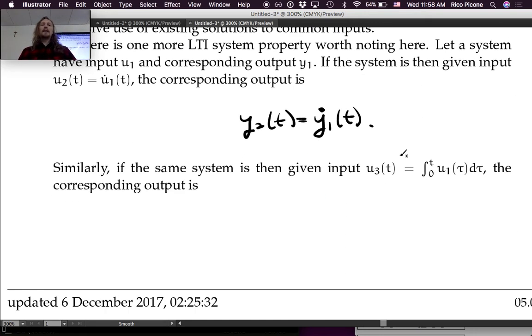Once again, this is a nice sort of lazy solution technique, right? Don't have to actually do stuff. We can just sit back and say, oh, by superposition, we don't have to work. Okay, so similarly, if the same system is then given input U3, which instead of being the derivative is the integral of U1, the corresponding output is y3(t) equals, you guessed it, the integral of y1.